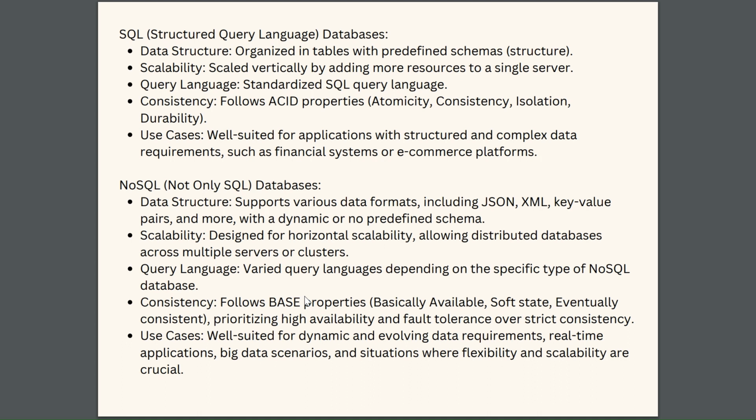Query language can vary depending on the specific type of NoSQL database. Consistency, it follows BASE properties, that is basically available, soft state, eventually consistent, prioritizing high availability and fault tolerance over strict consistency.